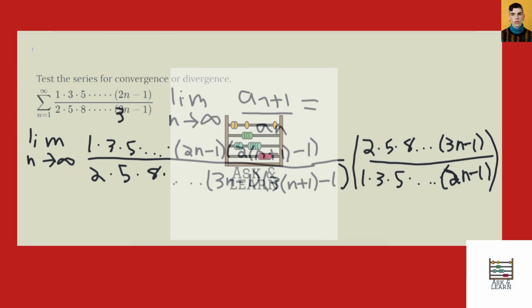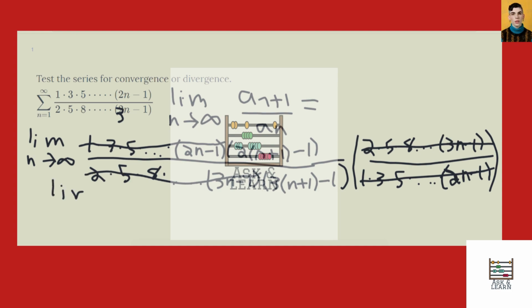Okay, so the 1 times 3 times 5 times ... times 2n minus 1, all of that is going to cancel out with all of this. Similarly, 2 times 5 times 8 times ... times 3n minus 1, all of that is going to cancel out with all of this.